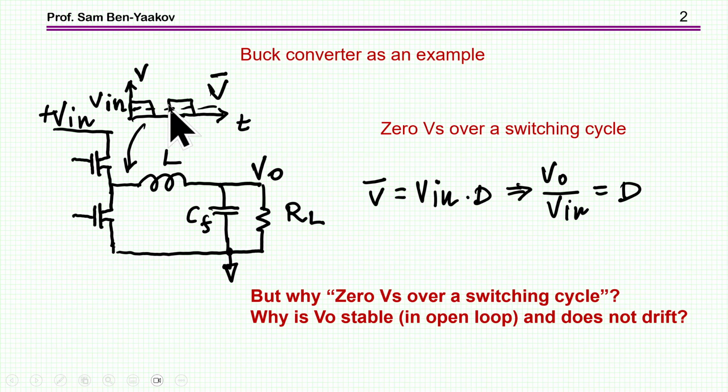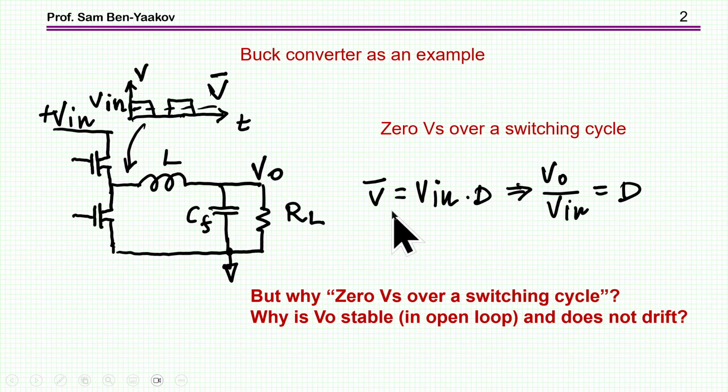There's a duty cycle here, and the average is V in times the duty cycle. And then we know that the average voltage across the inductor, or volt-second, summing it up, is zero. So therefore, this voltage here is equal to the output voltage, from which we get that the voltage transfer ratio is the duty cycle. So this is trivial.